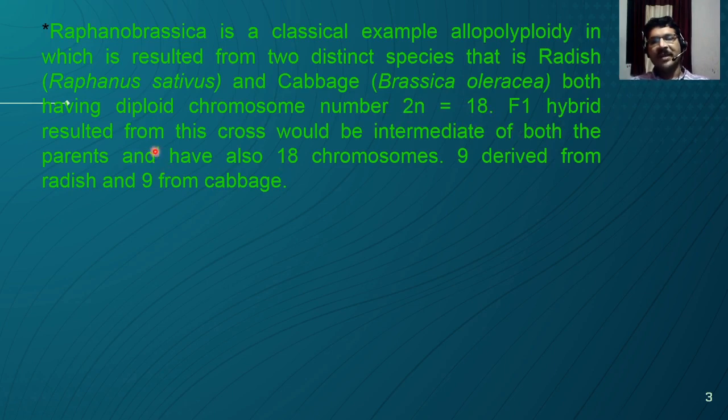The F1 hybrid resulting from this cross would be intermediate of both the parents and have also 18 chromosomes, that is 9 derived from radish and 9 from the cabbage.